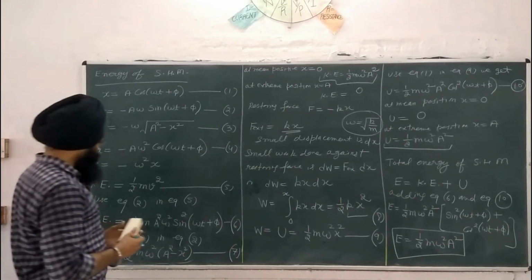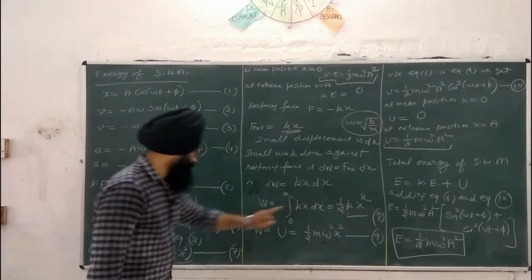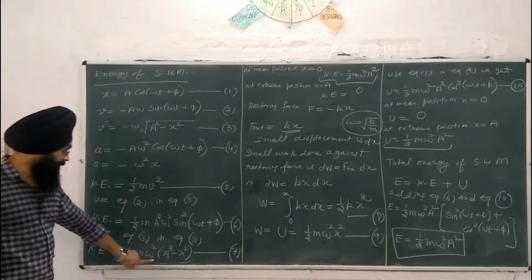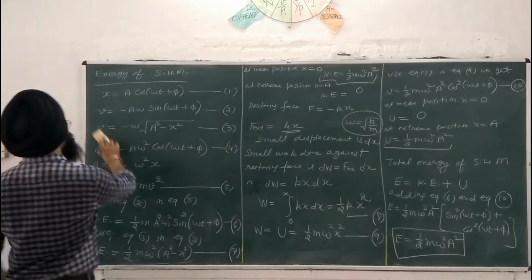Now if we add equation number 7 as well as equation number 9, this is the expression for kinetic energy here, and this is also the expression for potential energy.